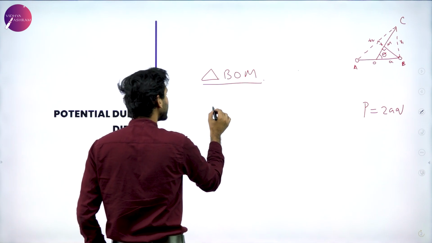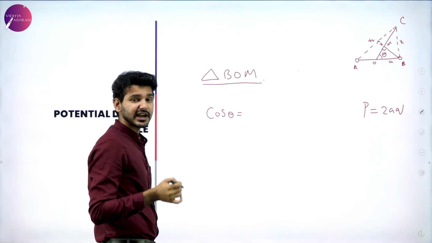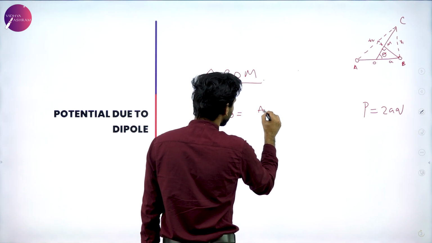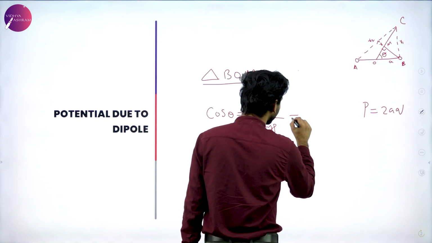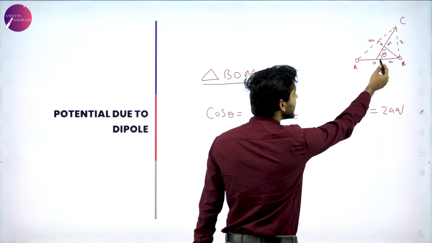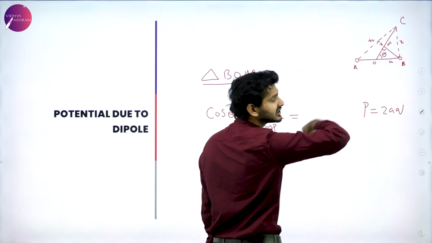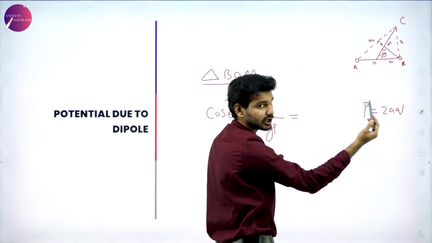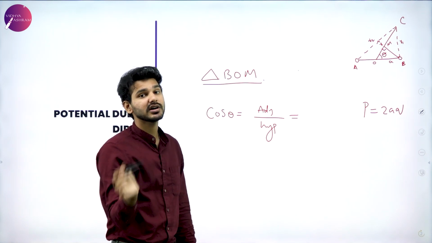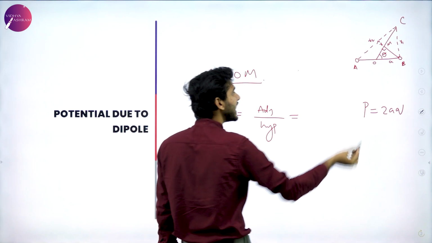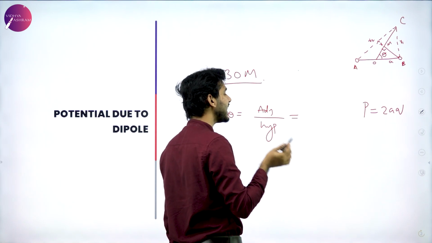So we can write cos theta will be equal to adjacent side divided by hypotenuse. The adjacent side just means the side right by the angle theta. Always remember, the hypotenuse is the side opposite to the 90-degree angle, which means that here it is the 90-degree angle and the hypotenuse is A. The side A is the hypotenuse.